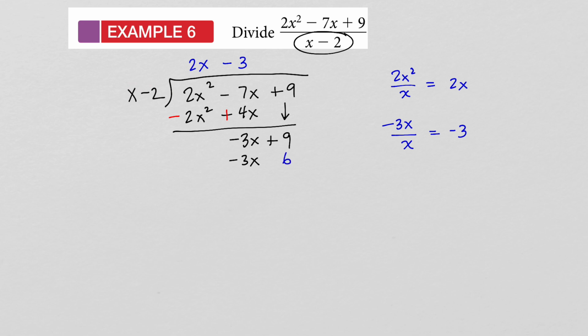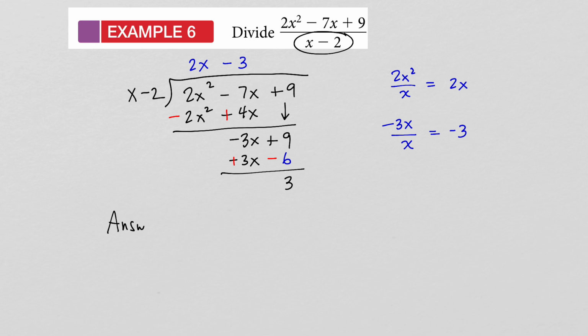Notice that I did not put the plus sign. That's because we still have to subtract this and subtract this. So when we subtract here, that becomes a plus, and when we subtract here, that's going to become a minus. Finally, 9 take away 6 here is 3, and that is our remainder.